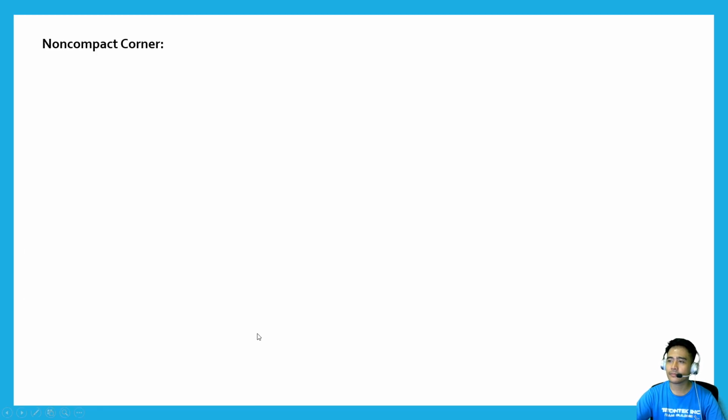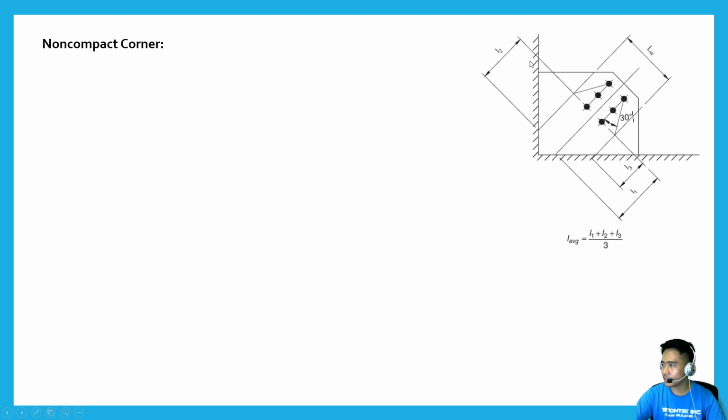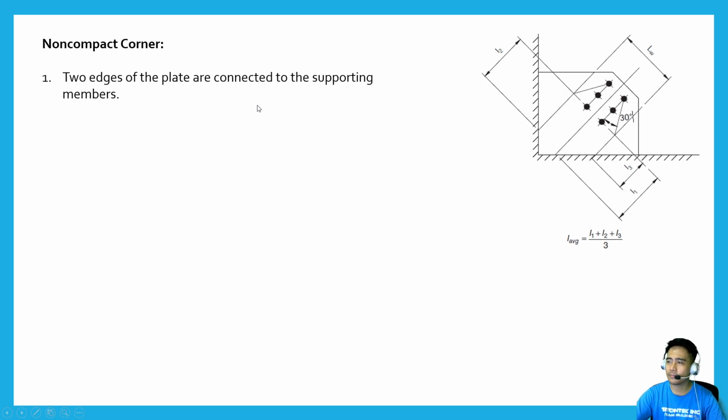Okay? Next, non-compact corner. Here's an image of a non-compact corner gusset. First, two edges of the plate are connected to the supporting members. Similar to compact corner, two edges of the plate connected to the supporting members. First edge, second edge.